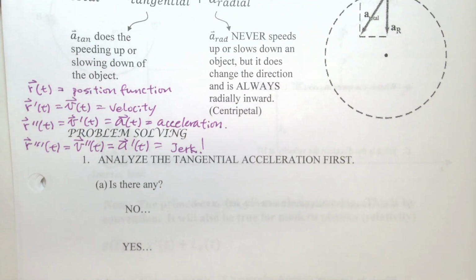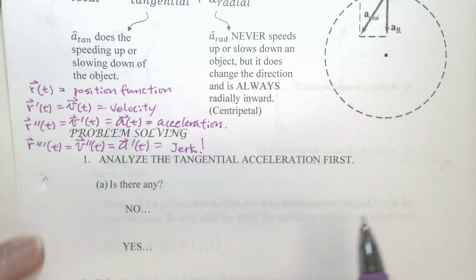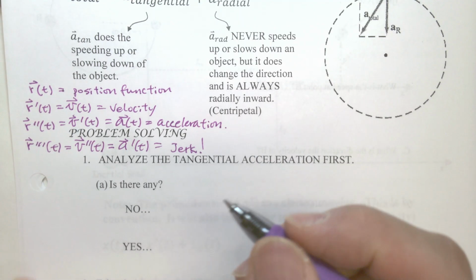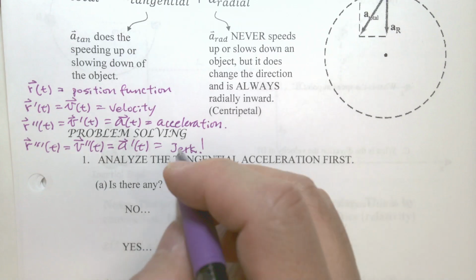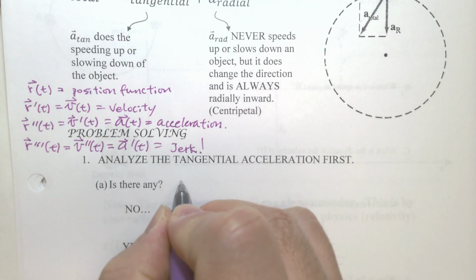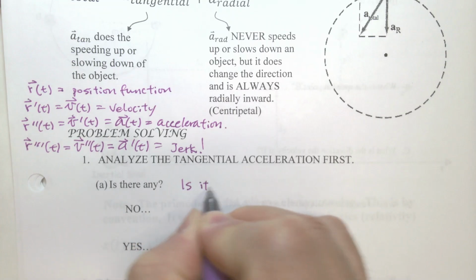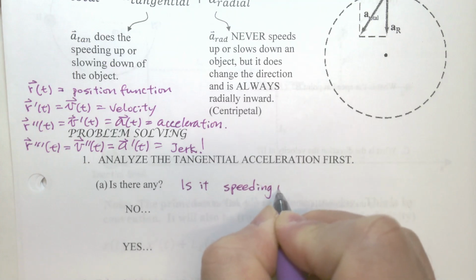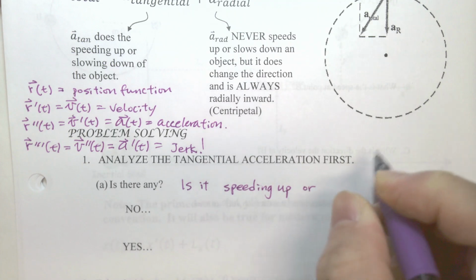So how do we analyze circular motion, and see what kind of accelerations we have? Analyze the tangential acceleration first. Okay? The question you should be asking is, is there any speeding up or slowing down?